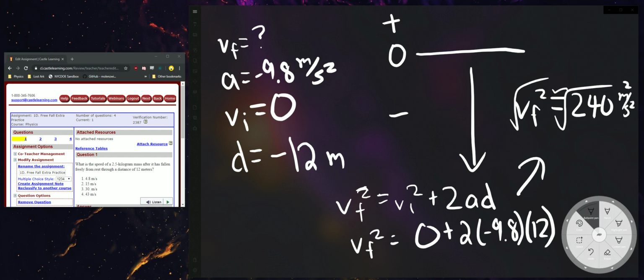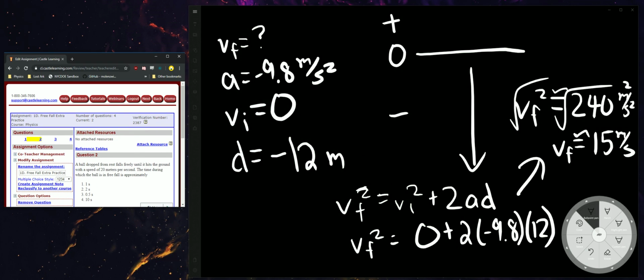I'm just estimating right now; if you do it on a calculator, you get an answer very similar to 240. We square root both sides, and we're going to get somewhere around 15 meters per second. And so the answer is number 2, 15 meters per second. Yes, that is correct.